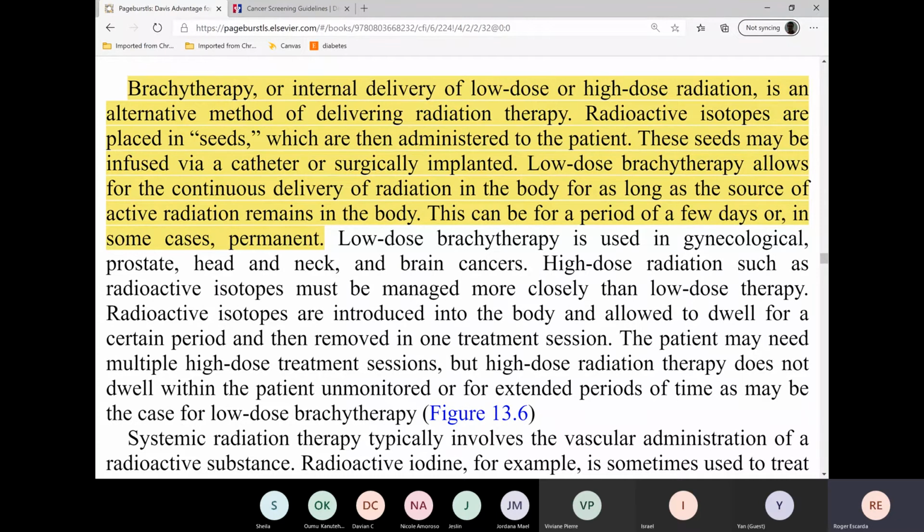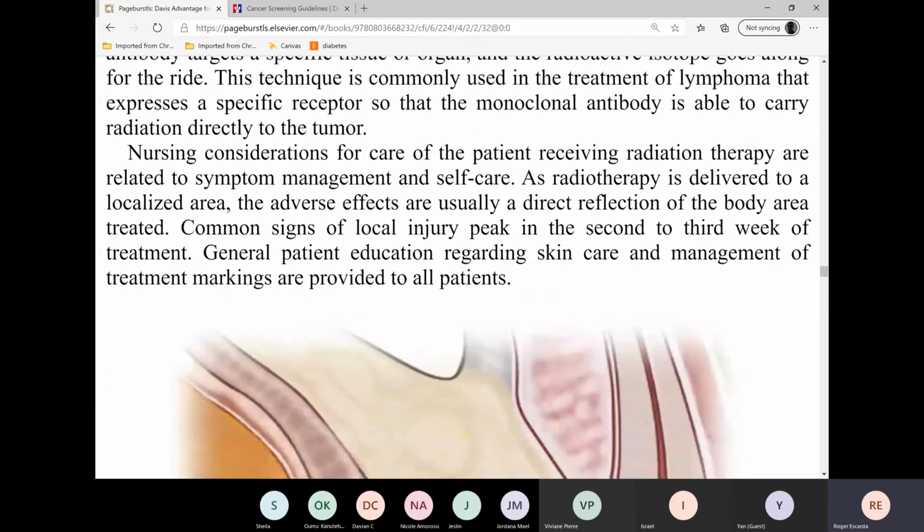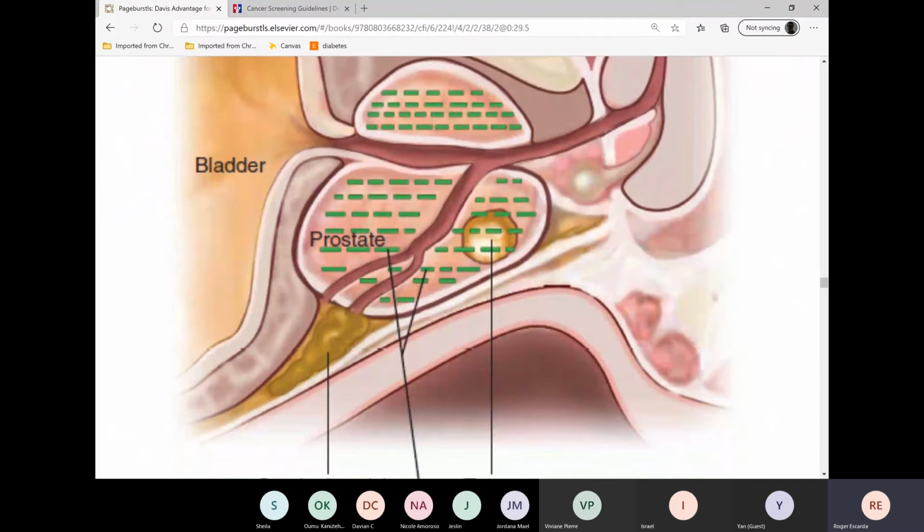All right, so this is what I was discussing earlier, the seeds. Here's an example in the prostate. They leave these alone. They're not going to retrieve them. It's impossible to take them back out. So they just leave the seeds there. Like I said, the body will eat them up.